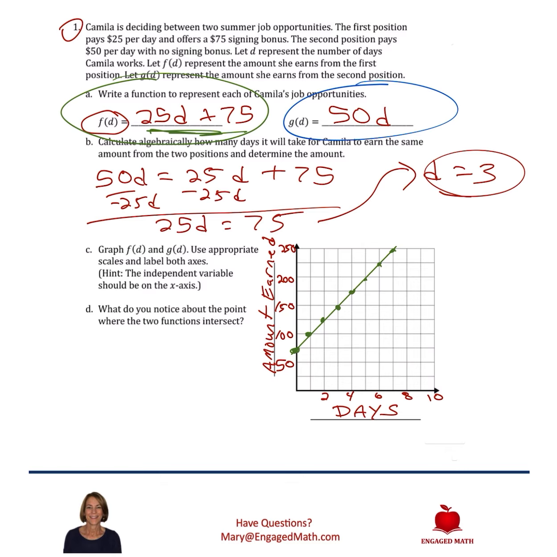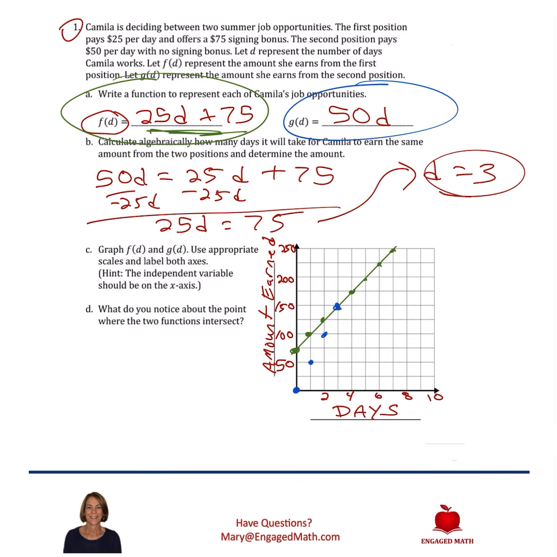And there we go. Okay, now let's look at the blue graph, which is going to be simply $0 if you don't work any days, but as early as day 1, she's getting $50. This time, every time that a day goes by in the second position, the amount she earns goes up by 50.